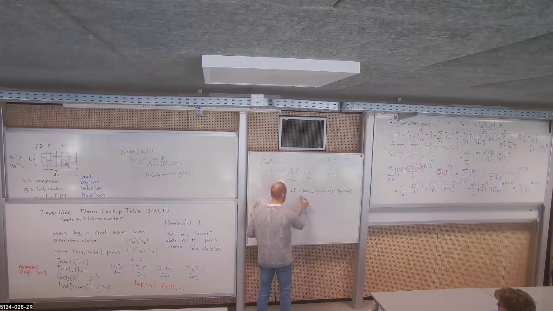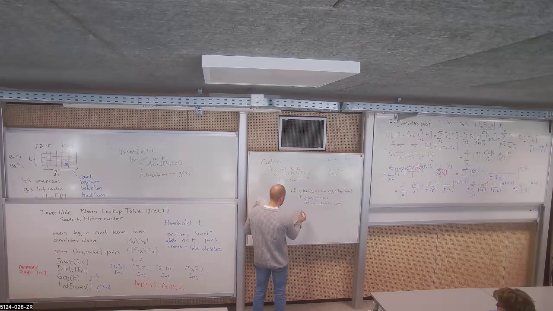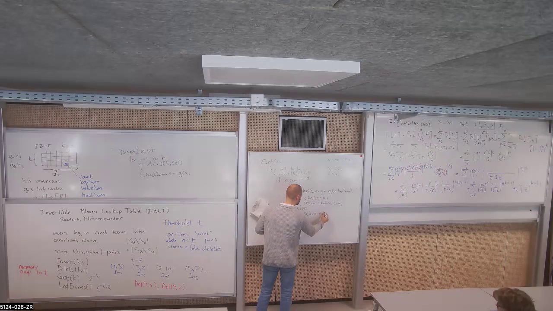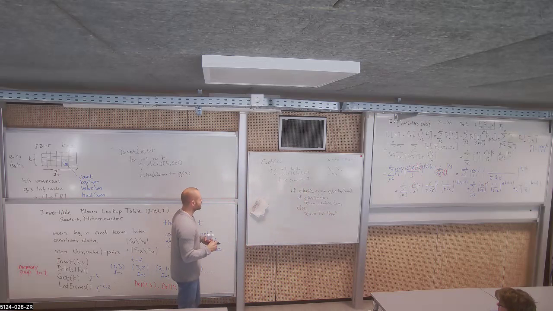Then we can say if the key sum is x, return the value sum. And else you can also return not there, because we found someone else. Makes sense? So we're kind of checking for consistency.